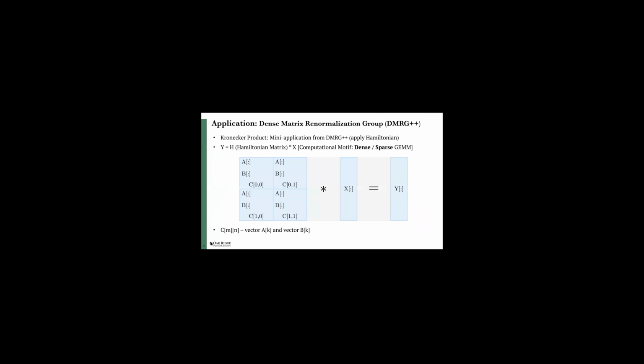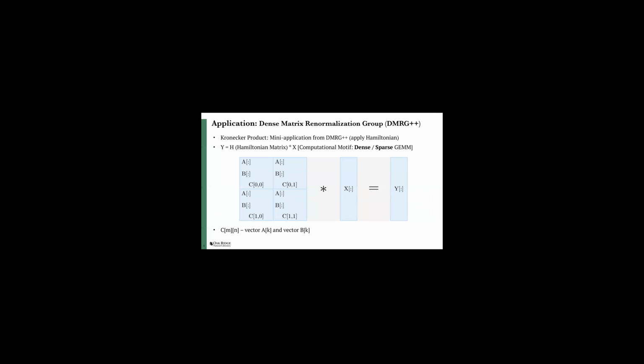Inside, there's a two-dimensional matrix that we multiply with the vector x, and then you get a y. The interesting part is the Hamiltonian matrix, which is the C matrix on your left.